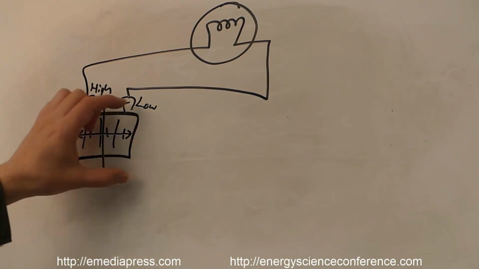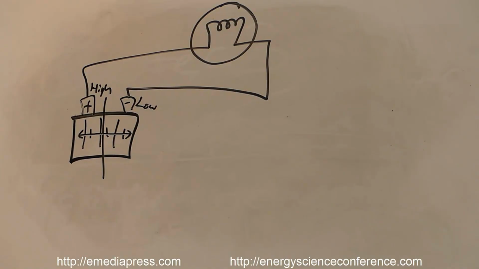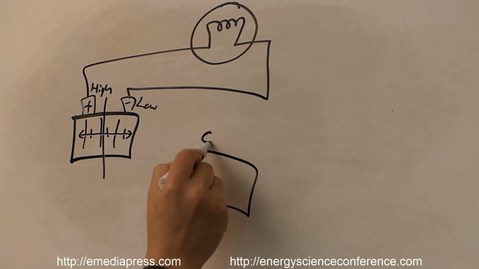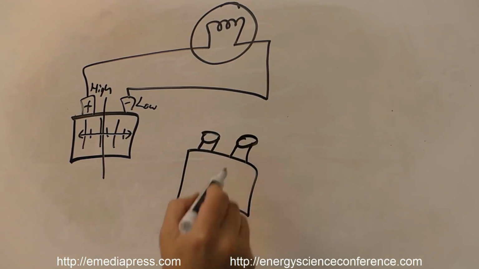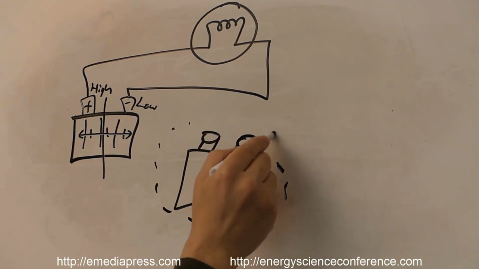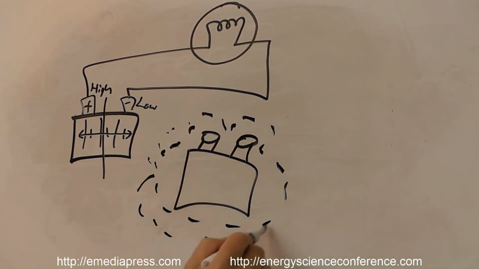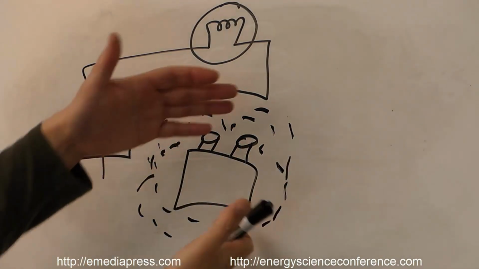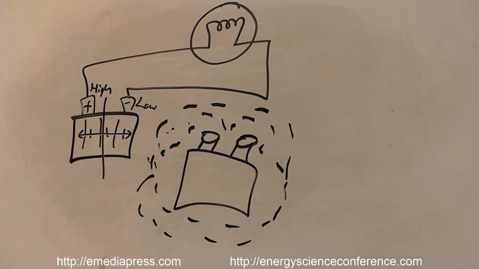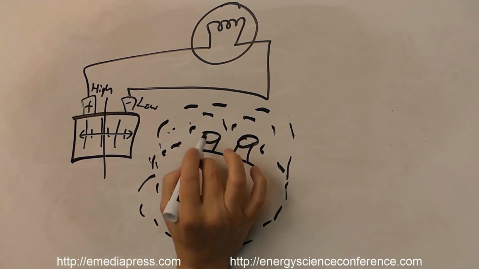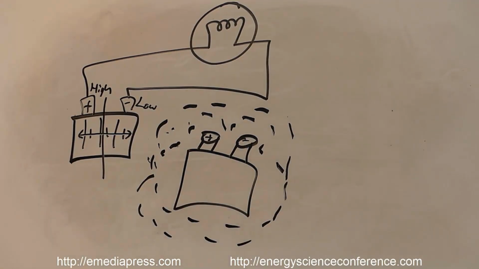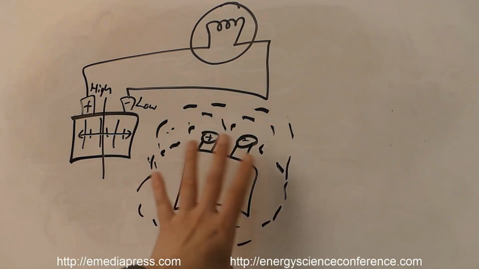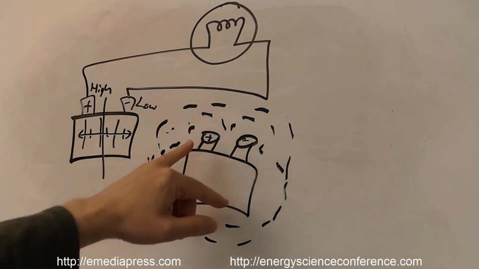Okay, now what we're looking at here is a high and a low potential. If you have a battery here, and let's say you've got the terminals right here, and let's just say the ether is very symmetrical and homogeneous all around the area of the battery. There's no potential difference, but when you charge the battery and you create a high, which is a plus, and a low, inside of that homogeneous ether, you break the symmetry.